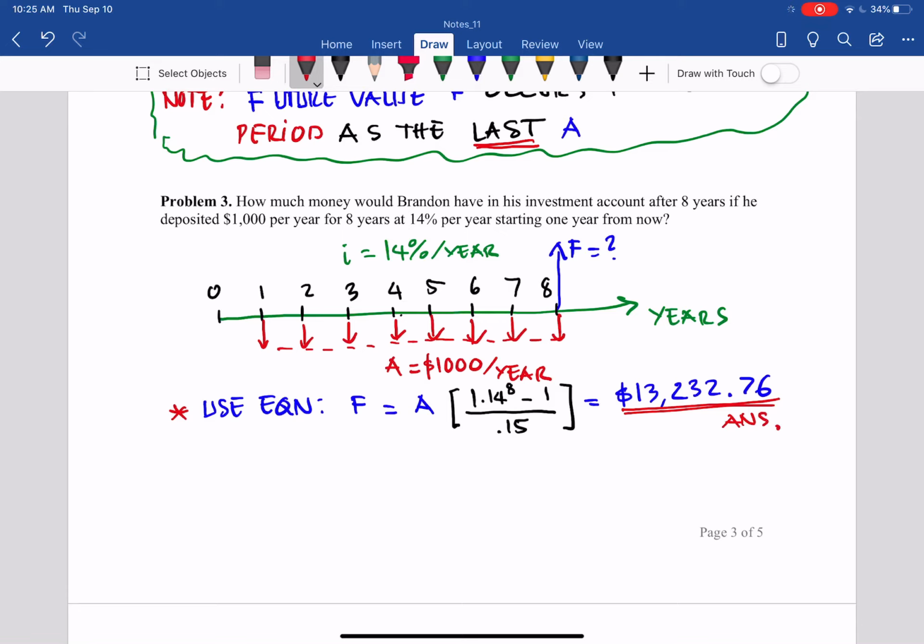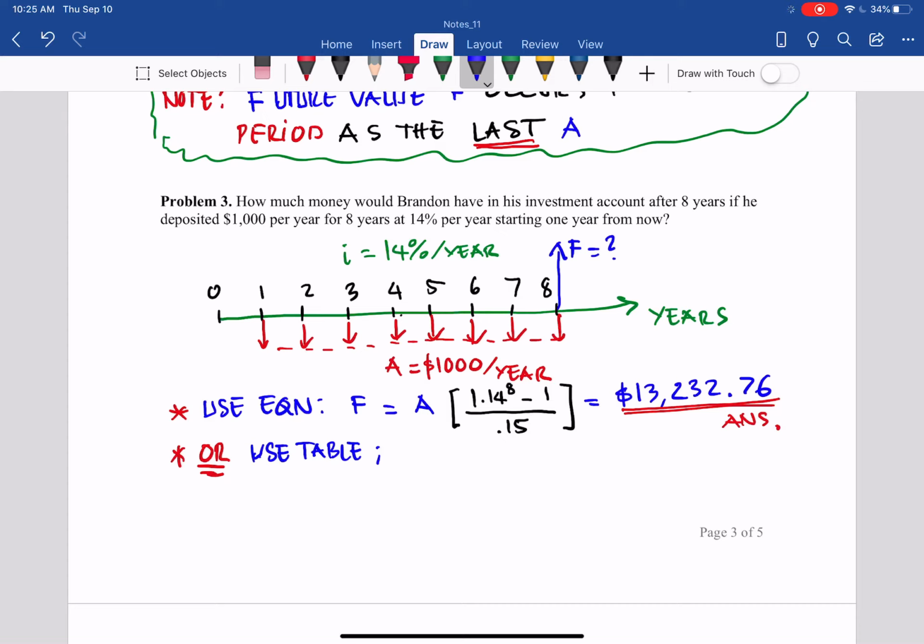Now use the table in the reference, and now you will judge which one I should use after this. Should I use the equation or should I use the table in these problems?